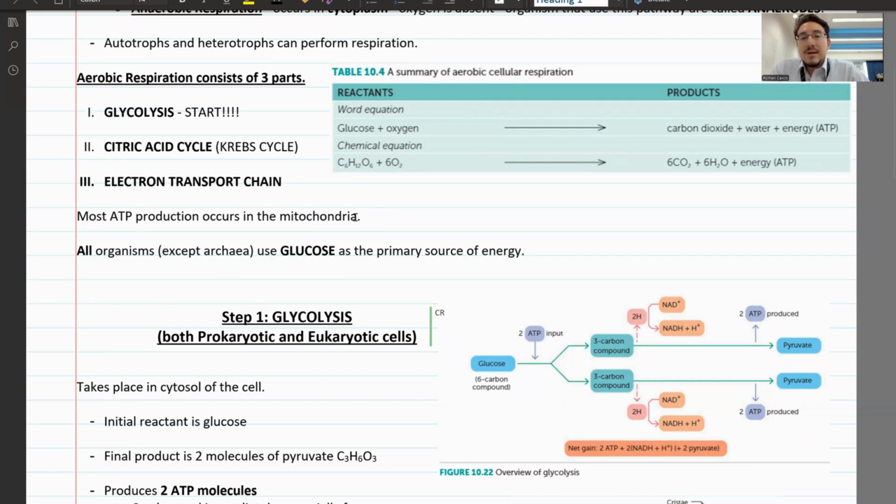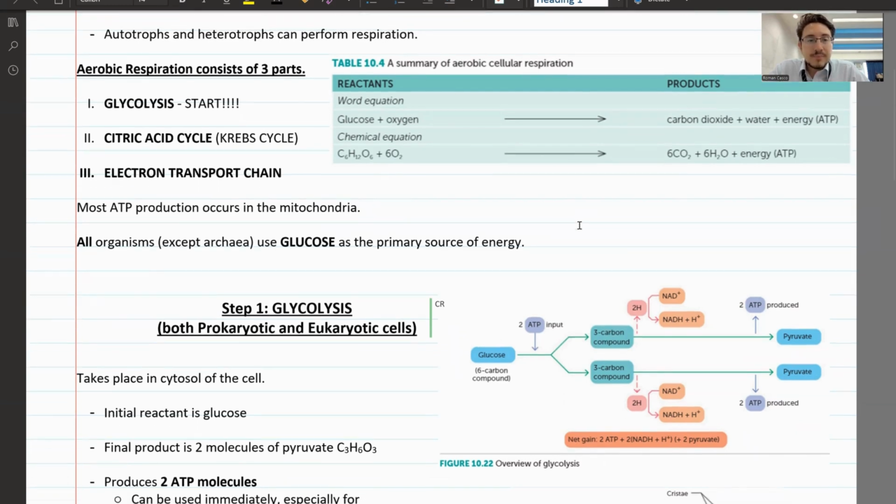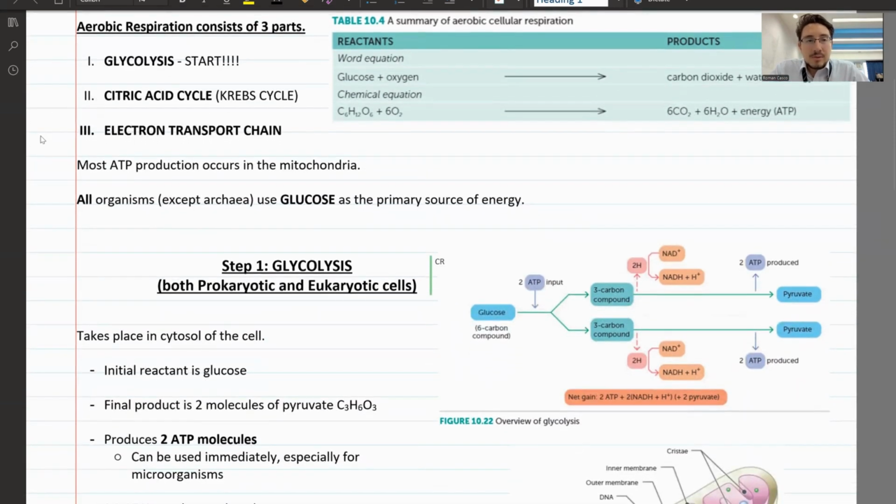They undergo some chemical pathways to be consumed, which would yield ultimately 6 molecules of carbon dioxide, 6 molecules of water, plus energy in the form of ATP. So make sure you memorize these chemical equations and these components of the chemical equation. And we're going to go step by step through each of these processes in more detail.